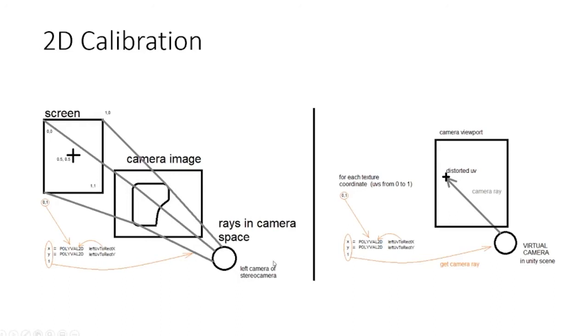Basically, by showing those gray codes, you can figure out the mapping between the screen coordinates and the camera coordinates, and using the camera calibration, you can figure out the rays between any, let's say, screen point and the camera.